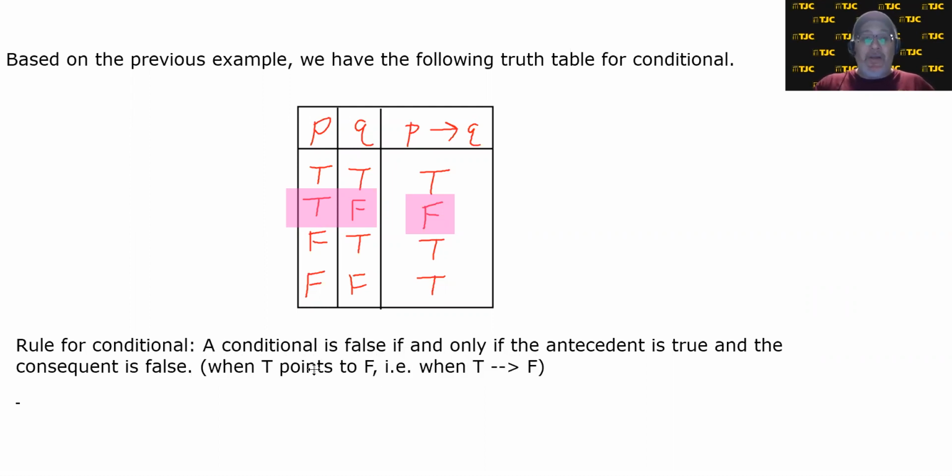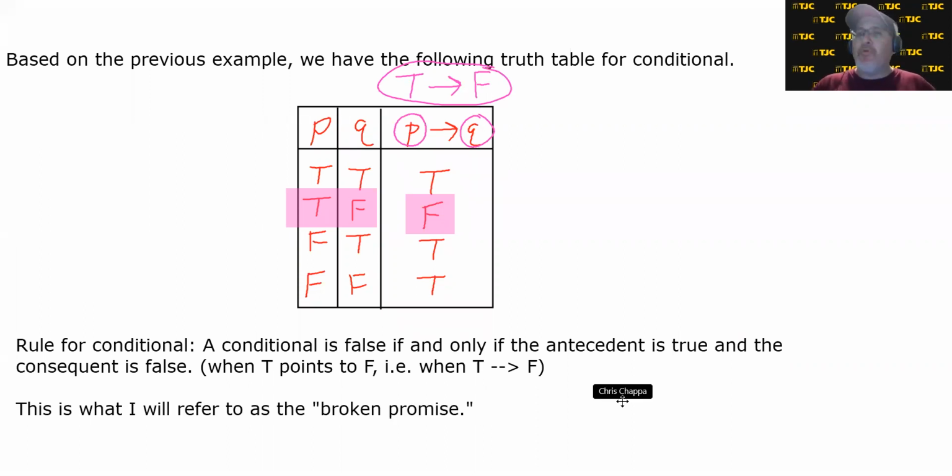Now, there's another way to think about it when T points to F, because after all, we're saying that the only time it's false is when this is true and this is false. So this is the only conditional with T's and F's that ends up being true. That is what I call the broken promise.